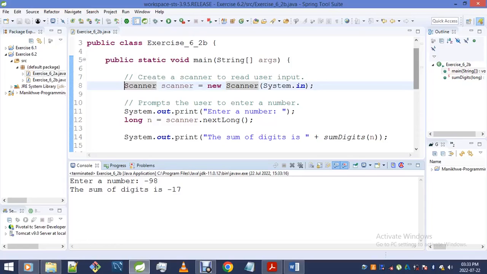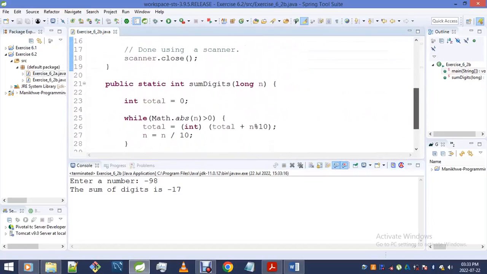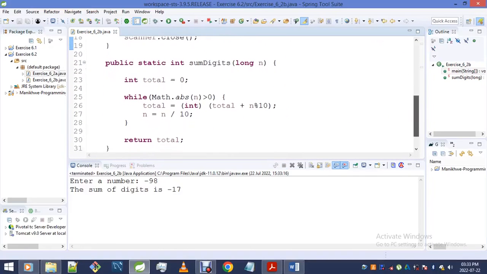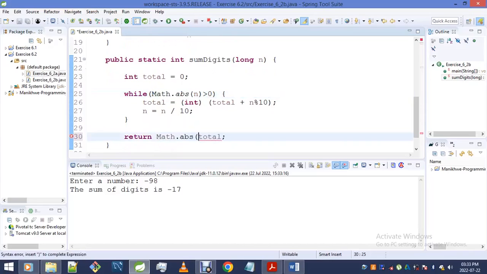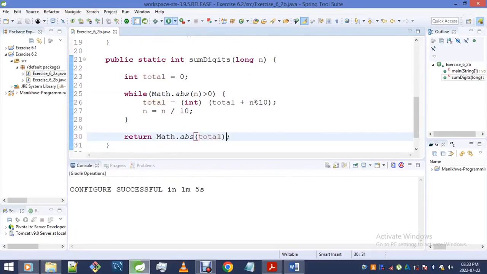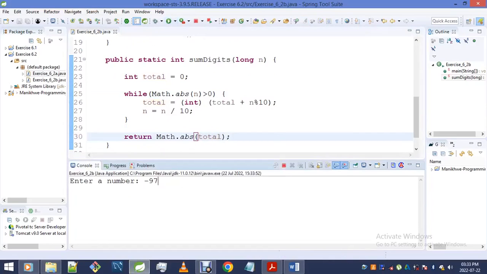It won't. It won't. And the reason for that is, again, I would have to go. You see, by doing that, I'll have to go in order to make sure that our number is never negative.